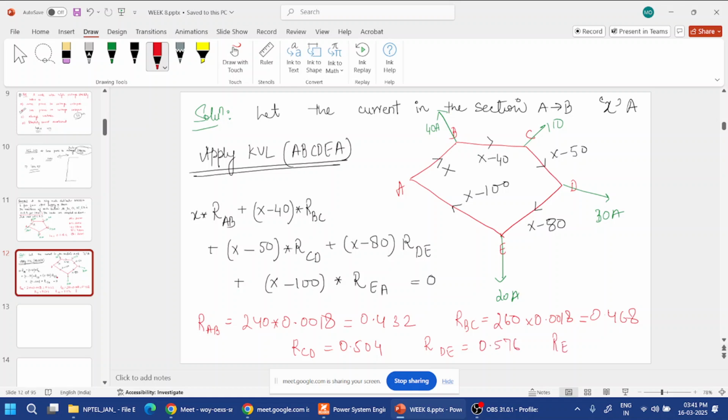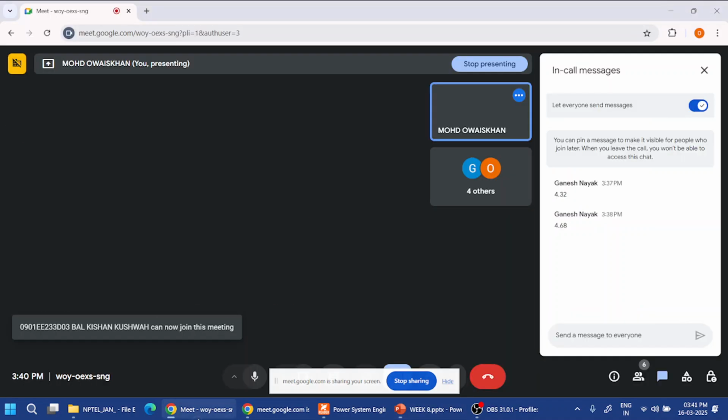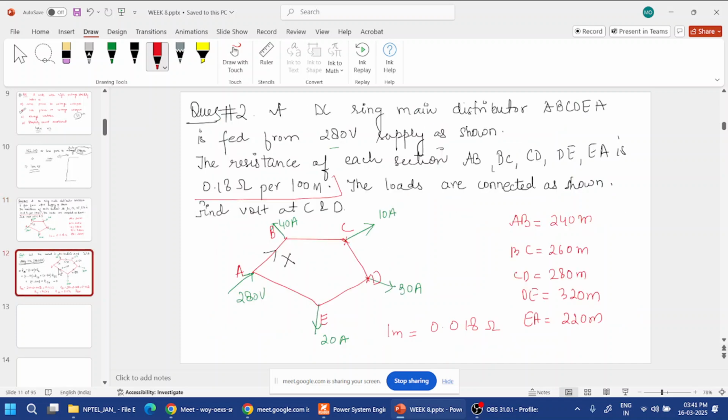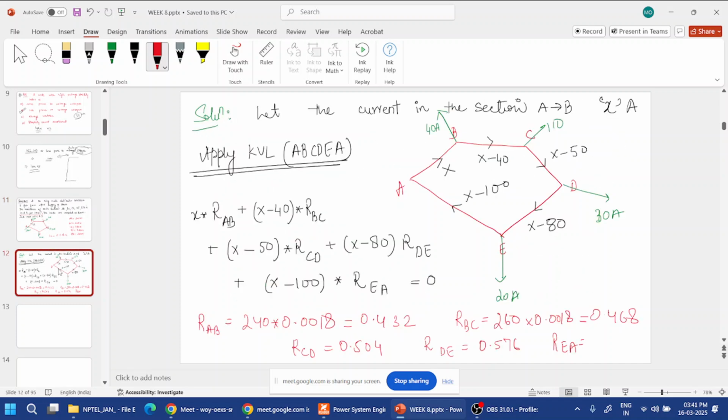And similarly for REA, 220 into 0.0018, so 0.396. Yes, now it's correct. So all these values are correct.